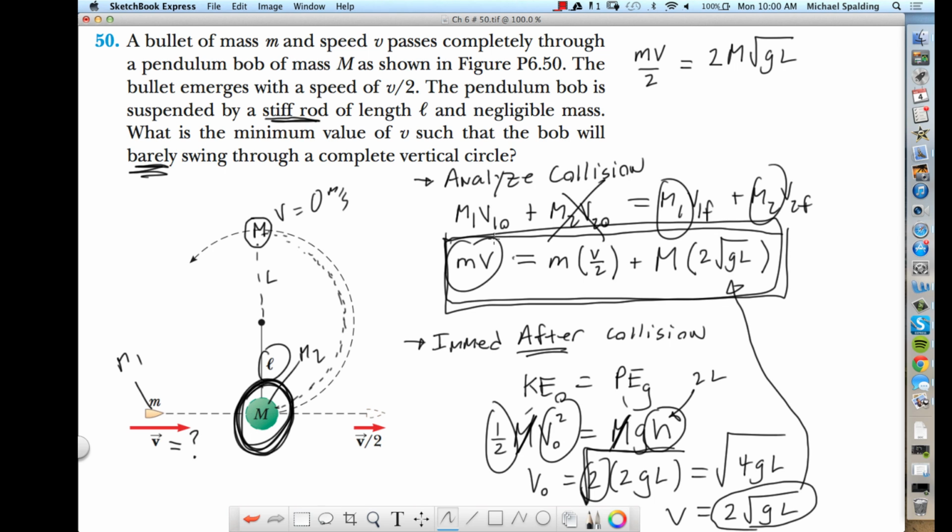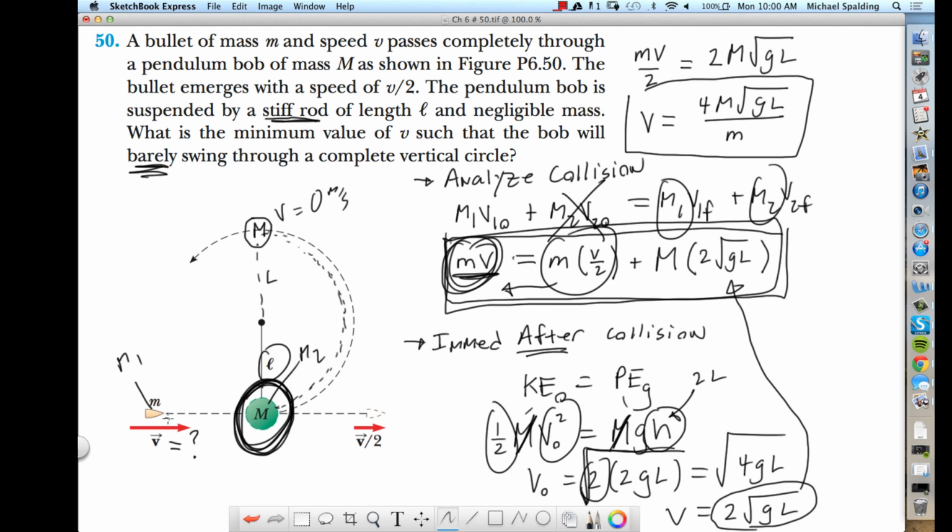Well look, mv and then mv over 2, you got to bring this guy over, right? So we subtract him, right? What's mv minus mv over 2? mv over 2. Okay, so now we simplify this and we're solving for v. So this is going to end up being 4M square root GL over little m. That's this velocity right here.